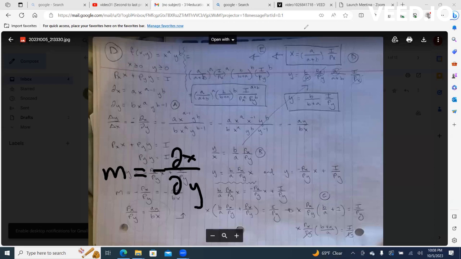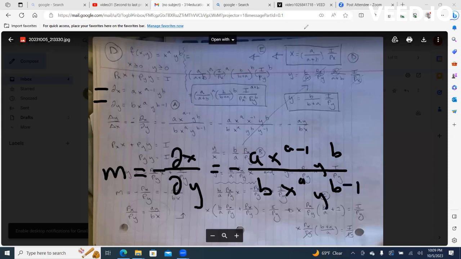The top one is a x to the a minus 1, y to the b, over b x to the a, y to the b minus 1. And then it simplifies and we get this.